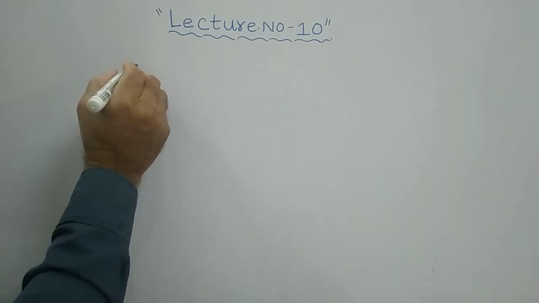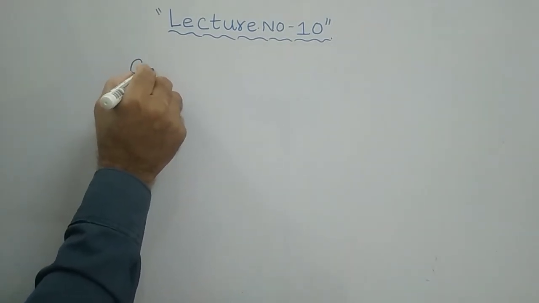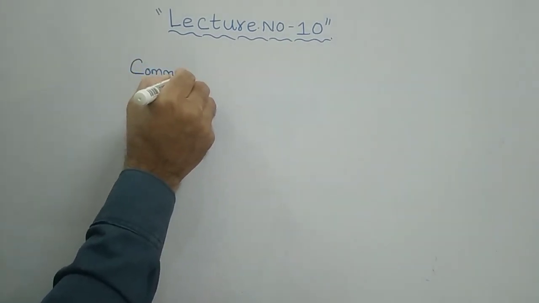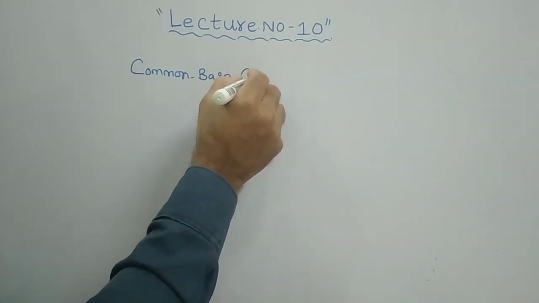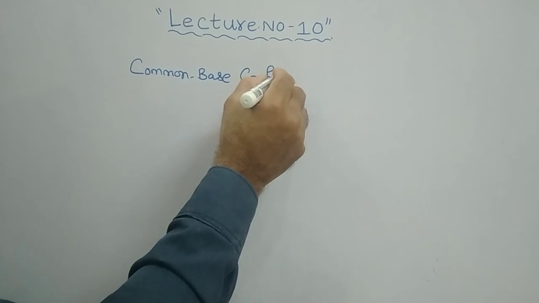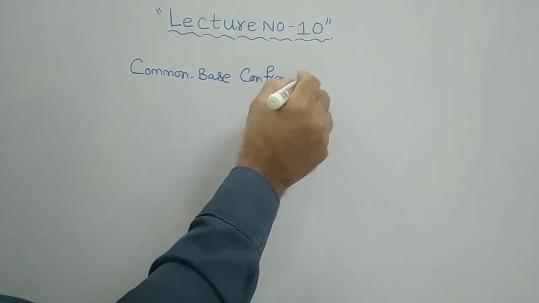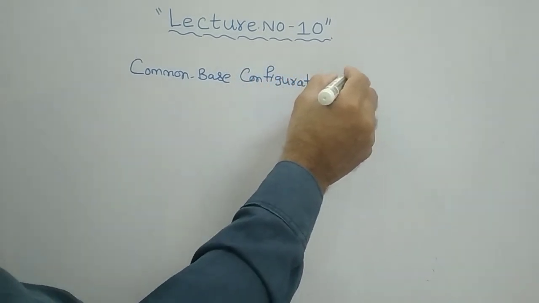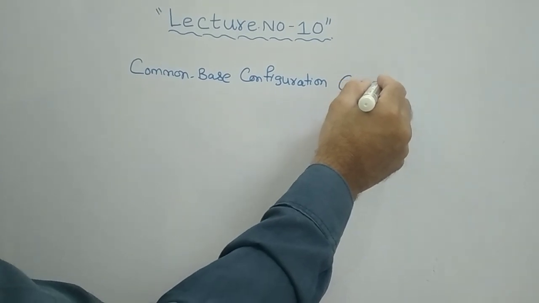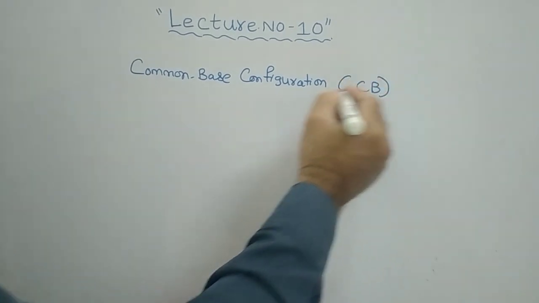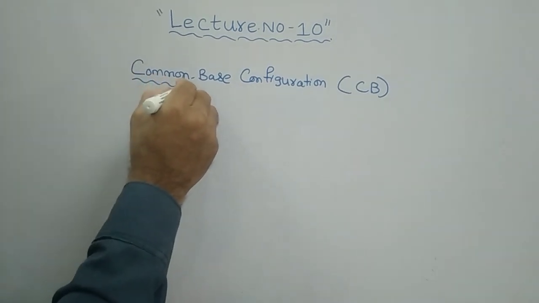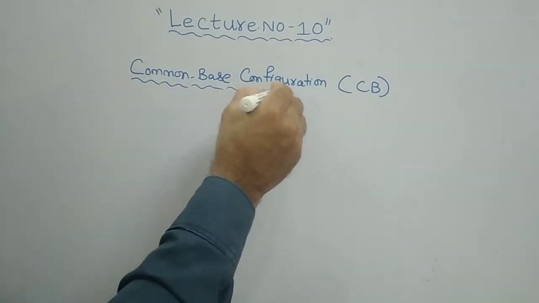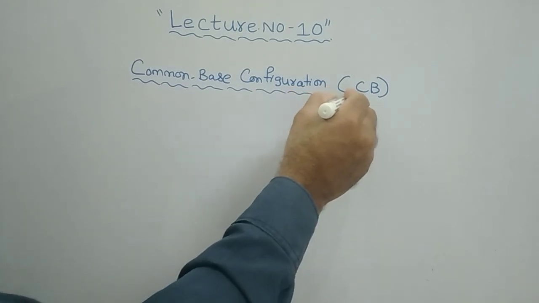This is common base configuration. I will explain it very briefly. Common base configuration can be called CB configuration, or simply CB configurations.